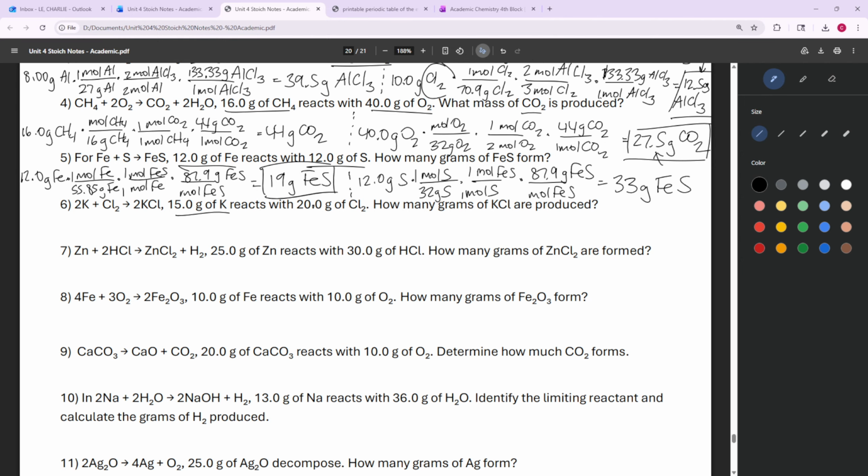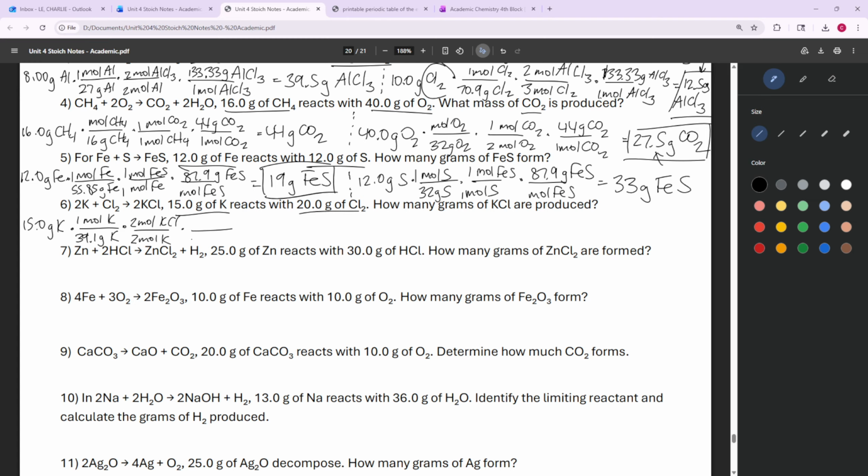15 grams of potassium, 20 grams of chlorine. 15 grams of potassium times 39 grams of potassium gives us 1 mole of potassium. Then for every 2 moles of potassium, we get 2 moles Cl.